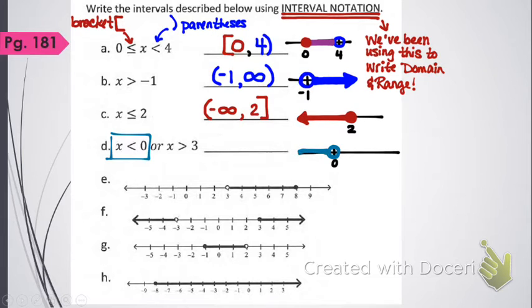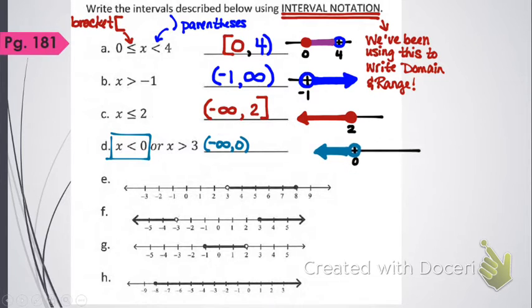To the left, less than. So what would that interval look like? Negative infinity, comma, 0. I know I need a parenthesis around the negative infinity. What about the 0? How do we decide? It doesn't have the or equal to, so that means a parenthesis. Yep. Good work.